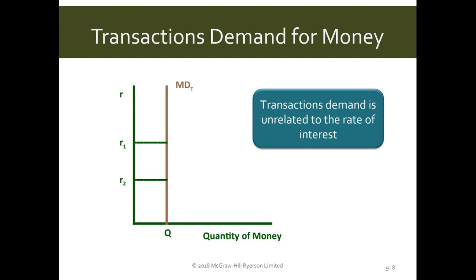If you see a very high price for that product, you might not buy. So you might not demand money for buying tomatoes. But for interest rate, it is independent. So transactions demand for money is autonomous as far as the rate of interest is concerned. And that is why I have drawn a vertical line like money supply.